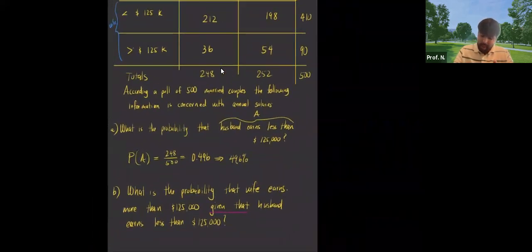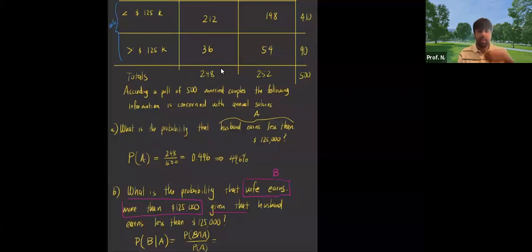If I call this A, then this would be my event B. So what I am looking for is the probability of B given A, which is the probability of B intersect A over the probability of A. I can do this individually, find two probabilities and divide.